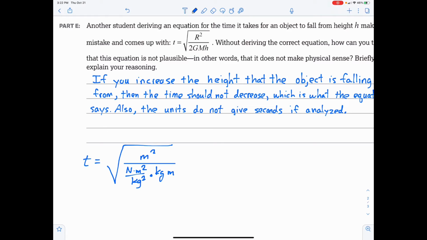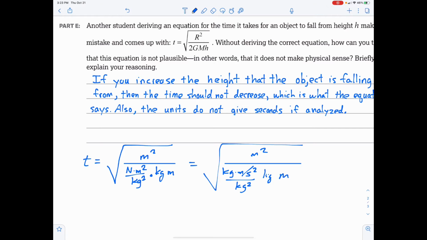Now, mind you, a newton is a kilogram meter per second squared. So we have kilogram meter per second squared over kilogram squared times kilogram times meters.